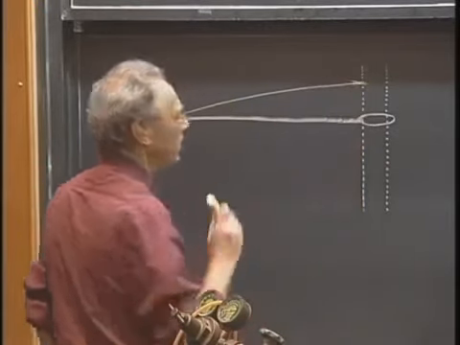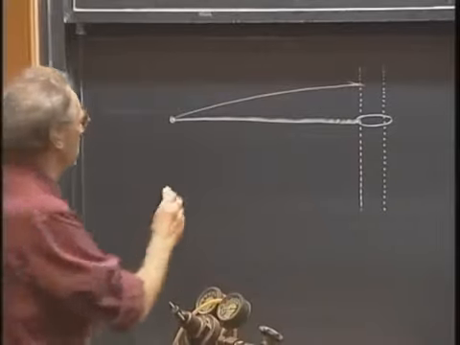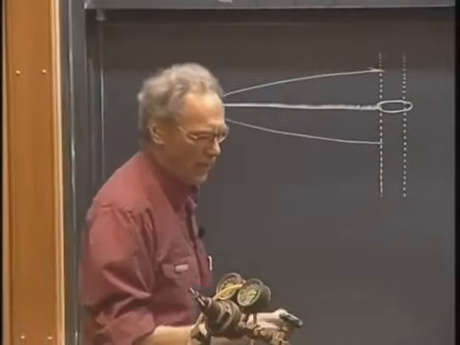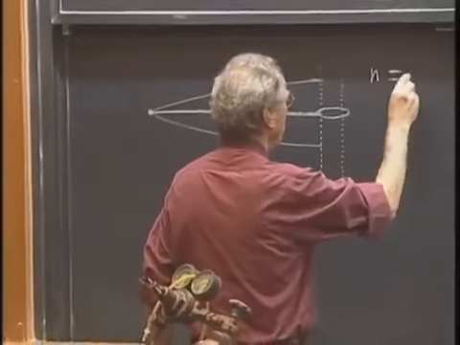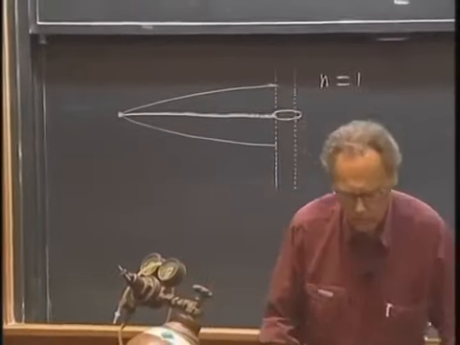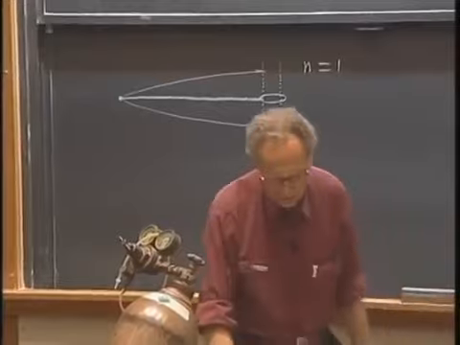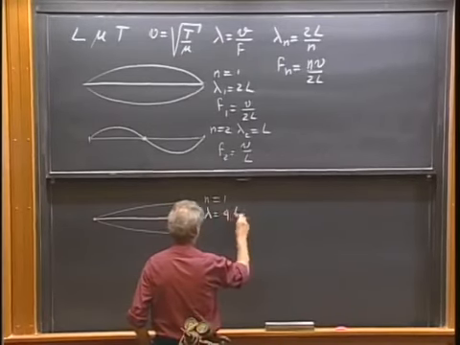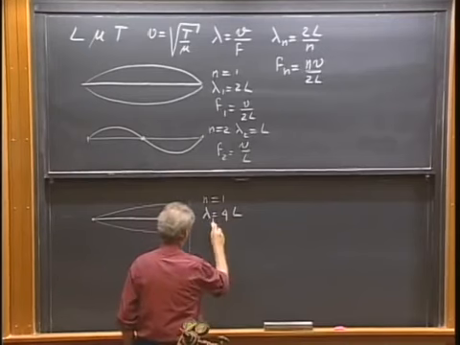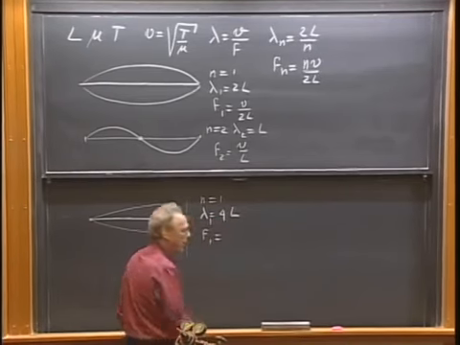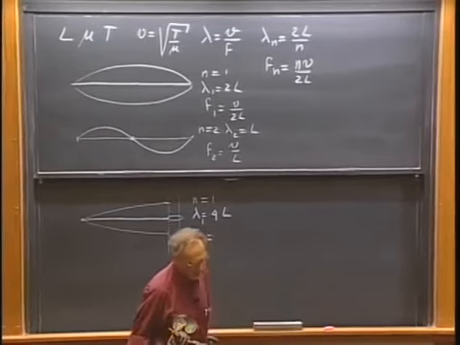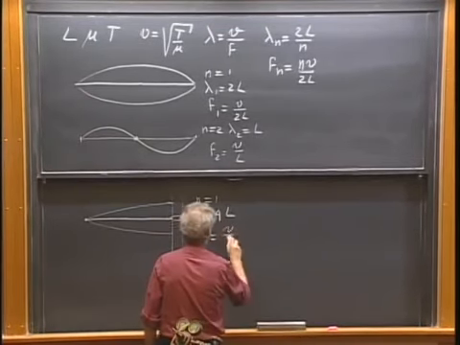The angle is 90 degrees. The dy/dx must be 0 there. And then it oscillates like this, back and forth. So now you have n equals 1, which is the fundamental, first harmonic. Lambda 1 is now 4L. And therefore, the frequency that you now generate is twice as low, V divided by 4L.